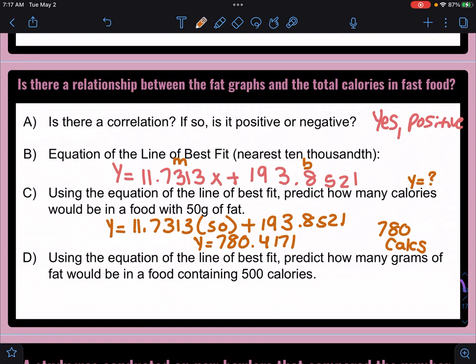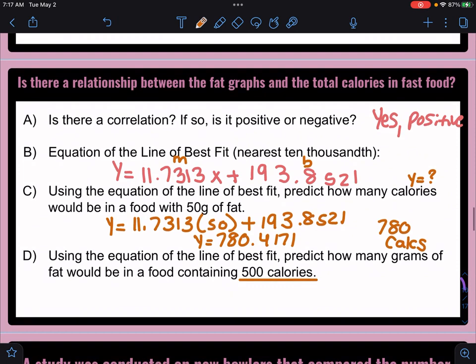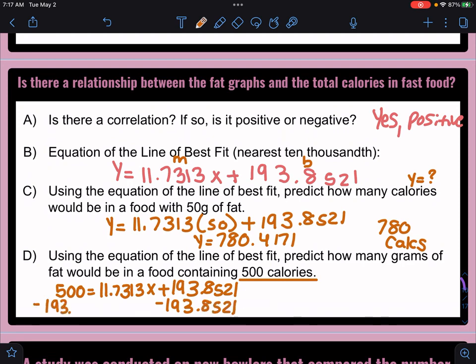Alright, now D is no longer asking you for the amount of calories. They told you 500 calories. They want to know how many grams of fat. So now 500 is my y. Now I'm going to subtract this 193.